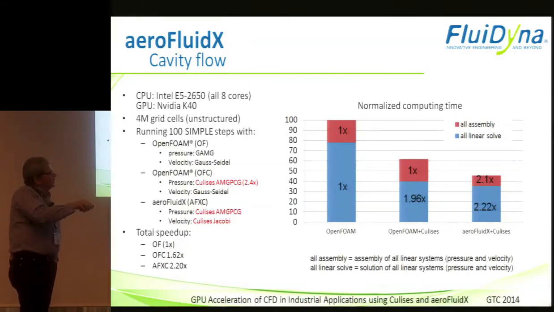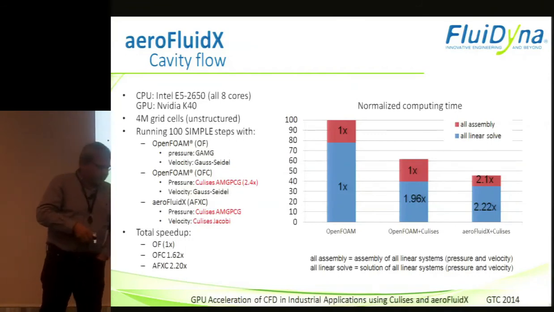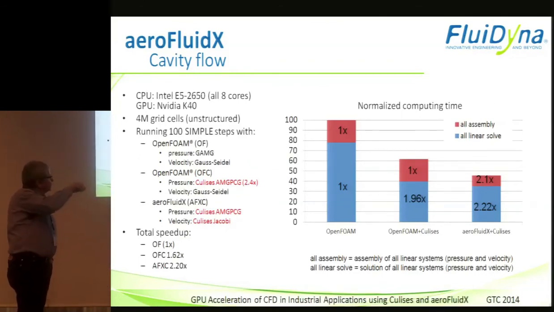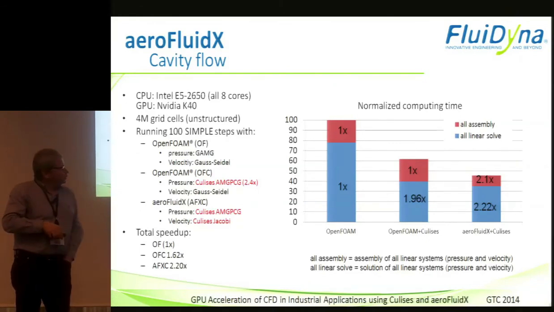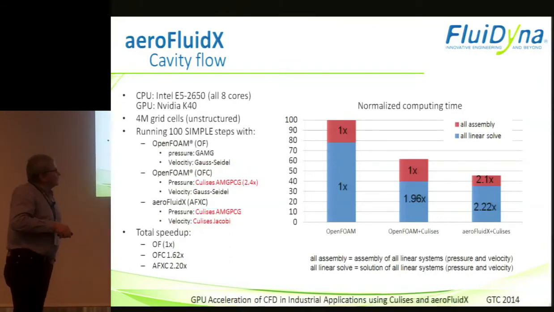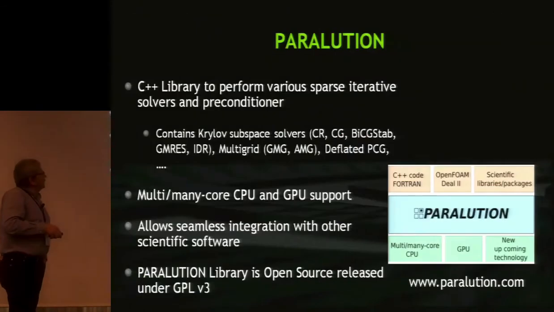So you get here a better speed up. It's a lot of work that has to be performed because you need to optimize this. So it's more or less an unoptimized version at the moment. So they are working on the optimization.